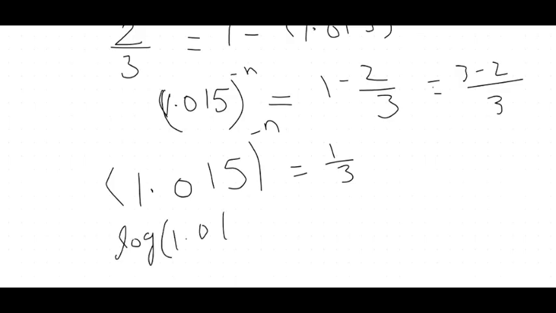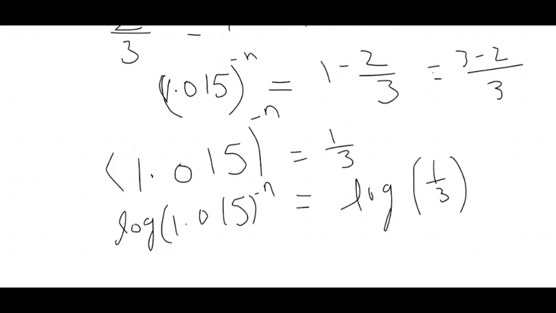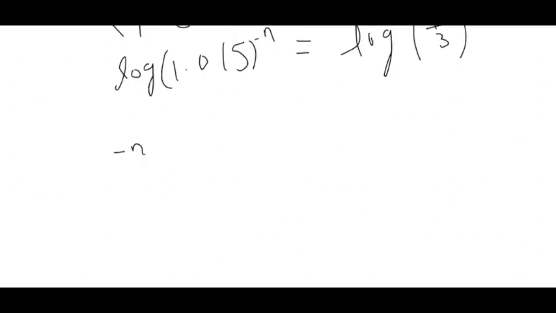As you know about the log property, we take the power inside, so we get minus n times log of 1.015 equals log of 1 minus log of 3.